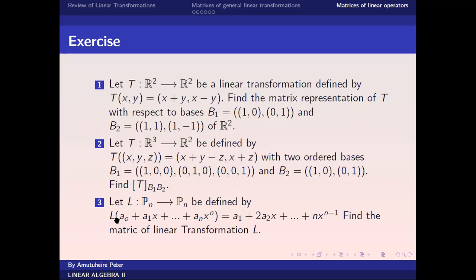So you use knowledge of example 2. In example 2, we dealt with a polynomial of degree less or equal to 2, but now this is a polynomial of degree less or equal to n. So you use that knowledge. Then the knowledge of example 3 applies in number 2. You see we have 3 examples and 3 exercises, and each exercise corresponds to the example.